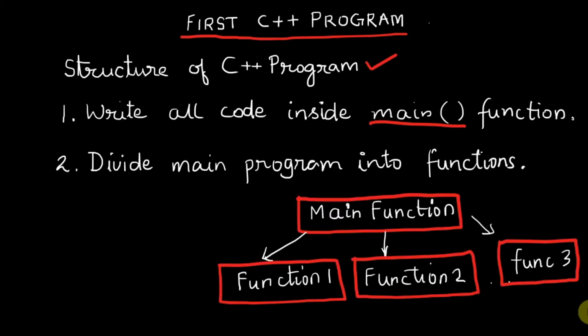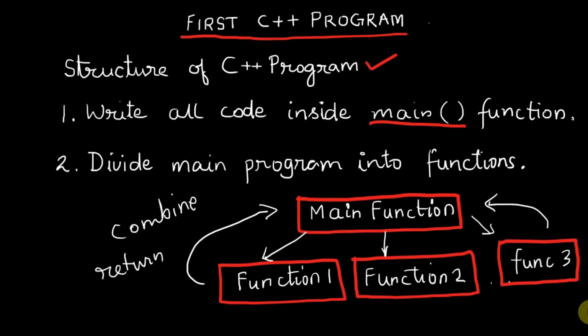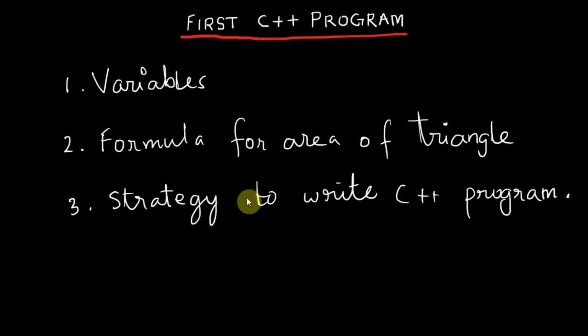Suppose the main program is divided into smaller functions. You can combine the returned values from the smaller functions in the main function. In this way, you can manage complex programs or projects. Now we have variables, the formula to compute the area of a triangle, and a strategy to write our C++ program. We could write everything in the main function because the program is small.